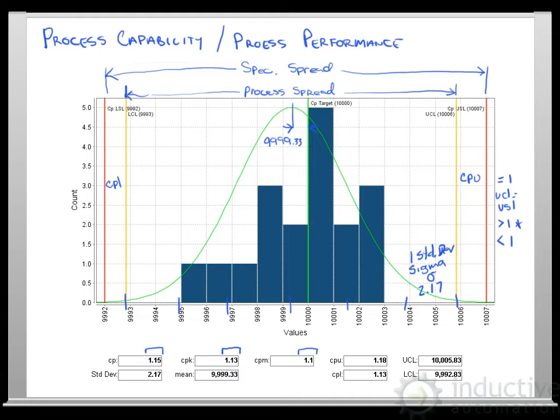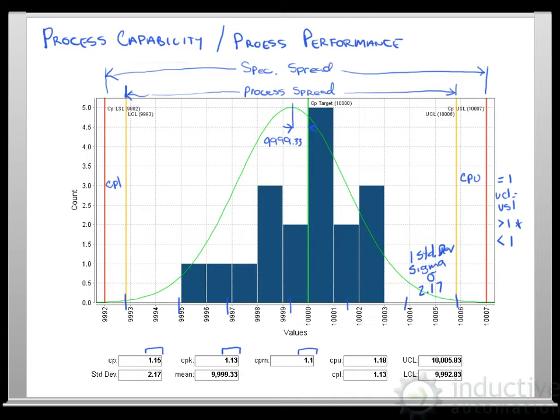The process performance is very, very similar, just these values have a little different formula for how they're calculated. The standard deviation's even calculated a little differently, but pretty much everything else is the same.